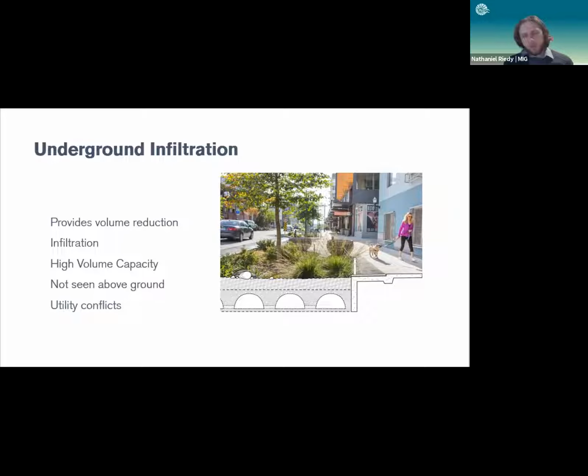These are chambers under the ground that water is directed to from the surface, either directly through permeable pavement or through, it's typically filtered like in a catch basin filter before it's put into here. And so it requires cleaning the runoff before it enters the storage to prevent sediment accumulation, but it also has a large storage volume and can reduce overall runoff volumes.